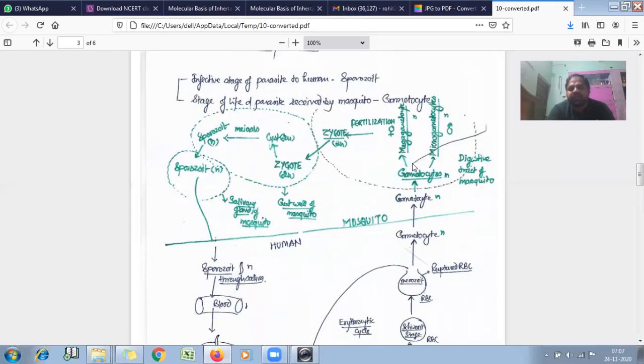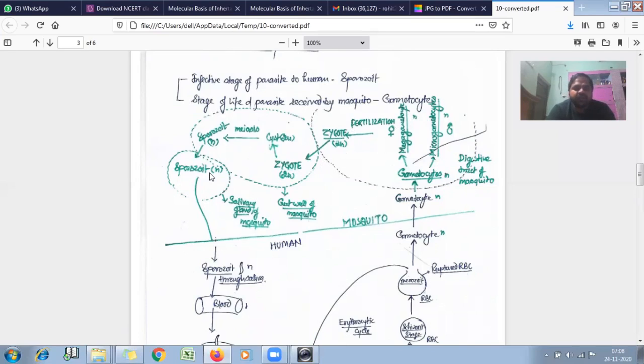The megagametocyte is generally considered the female gamete, and the microgametocyte is considered the male gamete. Both of these gametes fuse to form a zygote.